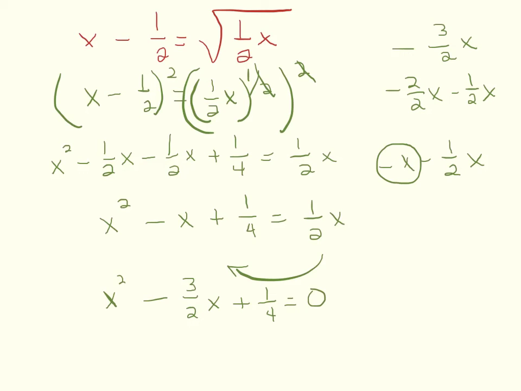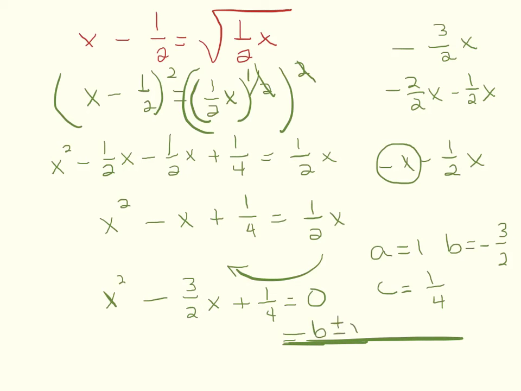And to be able to do the rest of this problem, all you really have to do is use the quadratic formula. So your a equals 1, b equals negative 3/2, and c equals 1/4. And you use the formula: the opposite of b, plus or minus the square root of b squared minus 4ac, over 2a to solve for x.